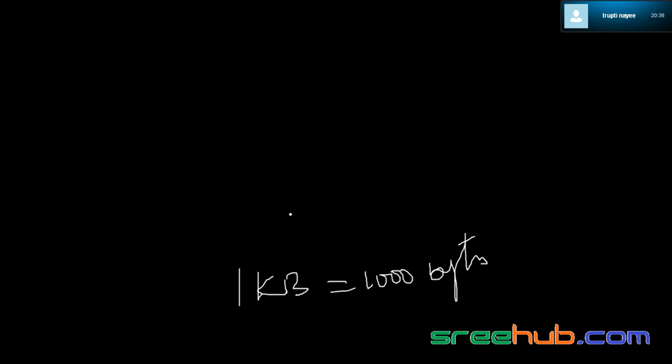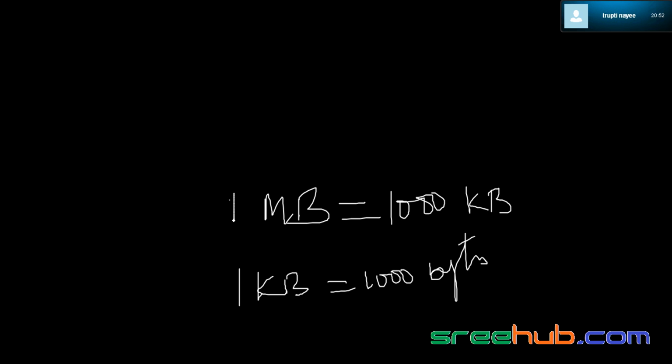Now there is one more thing called megabyte. You have seen MBs. 1 MB is nothing but 1000 kilobytes. And above this we have something called gigabyte, which is also nothing but 1000 megabytes.